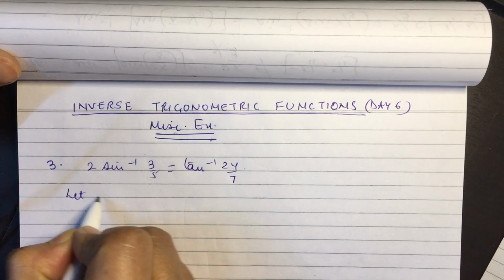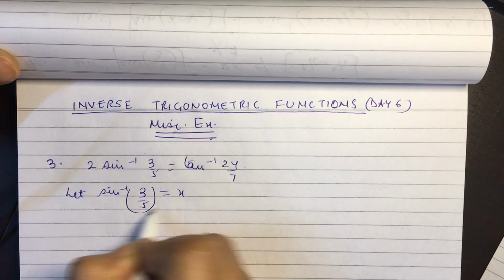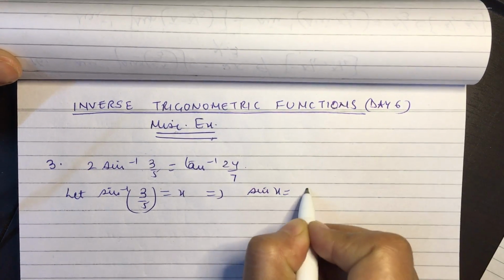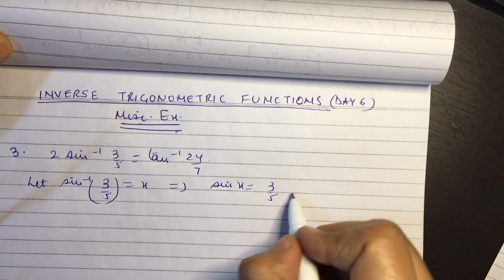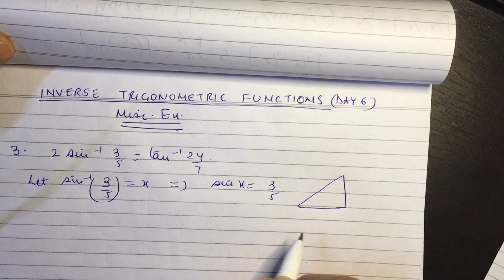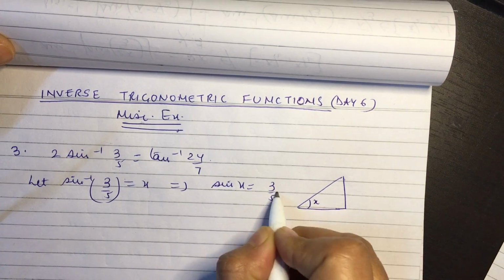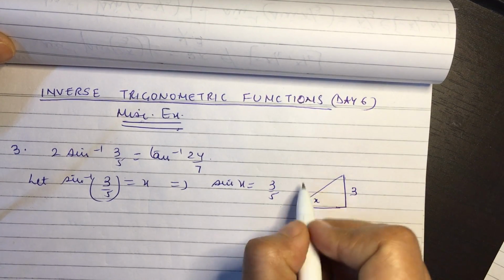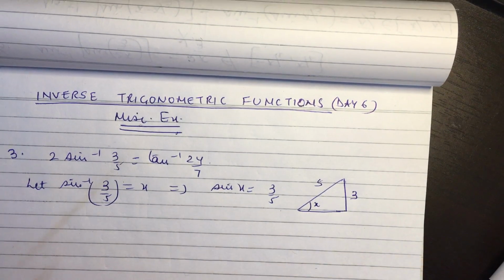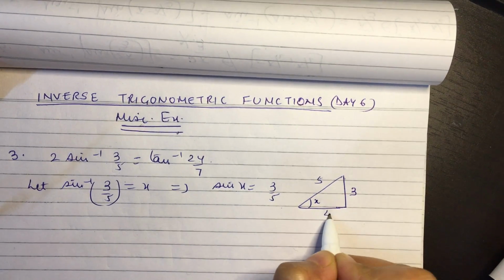So let sine inverse 3 by 5 equal to x. This gives us sine x equal to 3 by 5. Now we take the Pythagoras triangle, and in that, if sin x is 3 by 5, you write 3 here and 5 here, so this becomes 4.